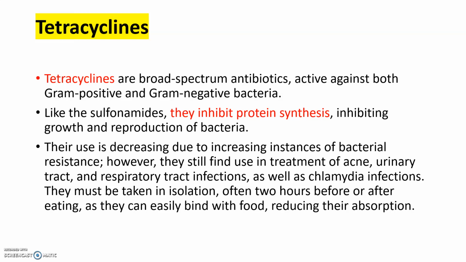Protein synthesis, inhibiting the growth and reproduction of bacteria. Nowadays, their use is decreasing because of the increasing incidence of bacterial resistance. They still find use in the treatment of acne, urinary tract infection, respiratory tract infection, as well as chlamydia infections.